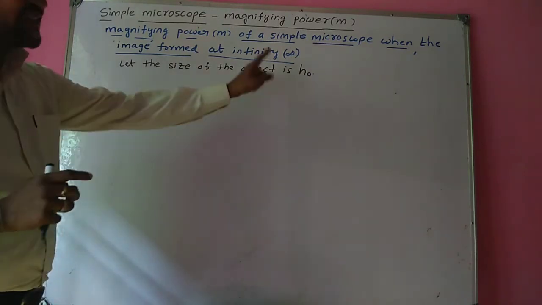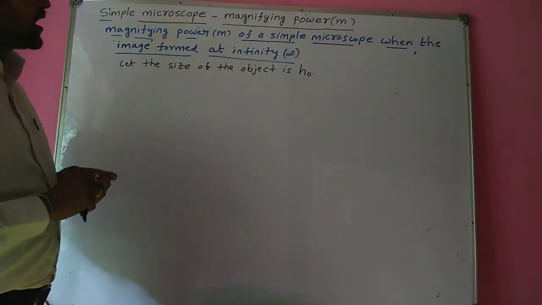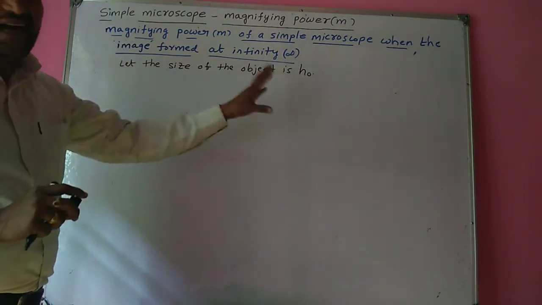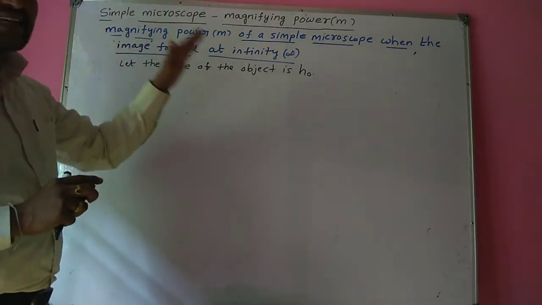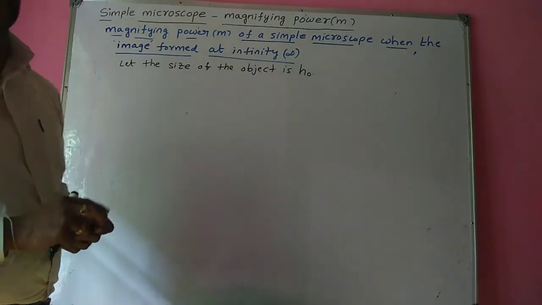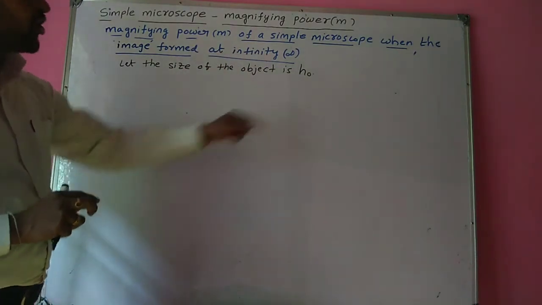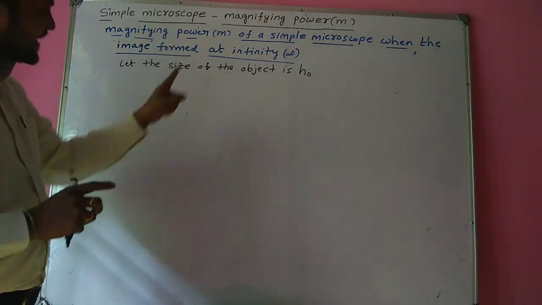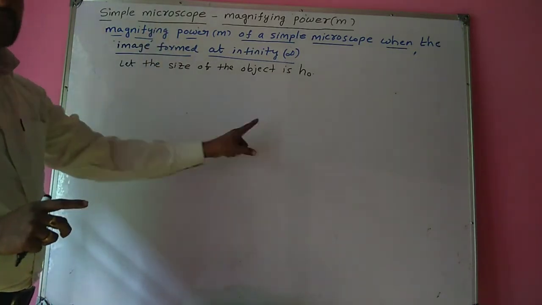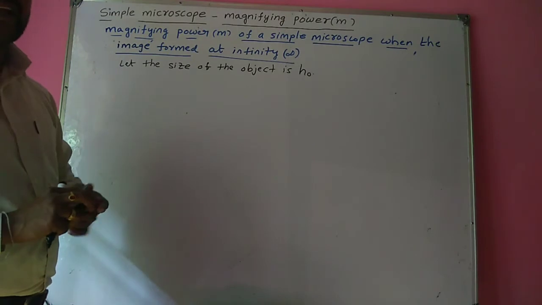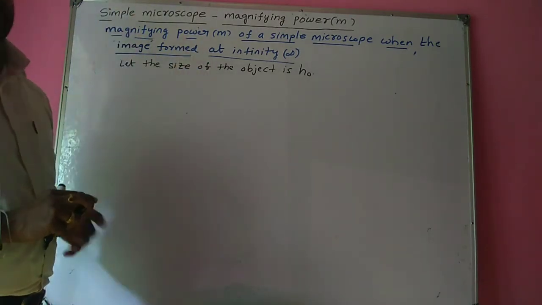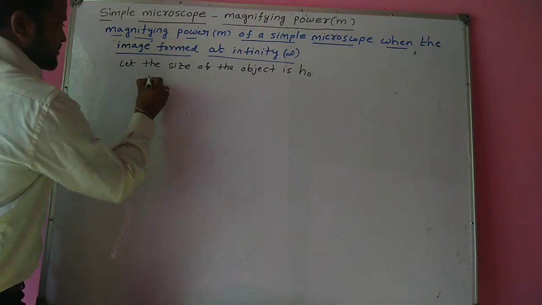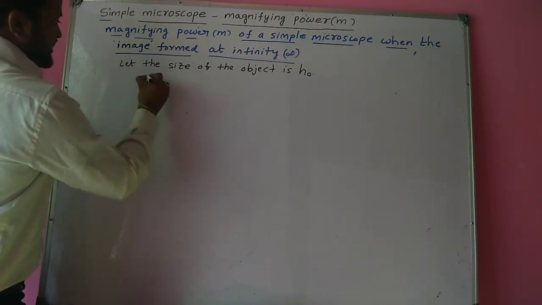Now, this object subtends the maximum angle at the eye and can be seen clearly when it is placed at capital D, that is the near point. When the object is placed at the near point, it makes the maximum angle and can be seen clearly with the naked eye without a lens. For example, let us consider here this is the object.